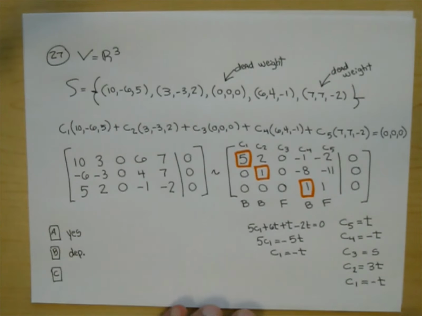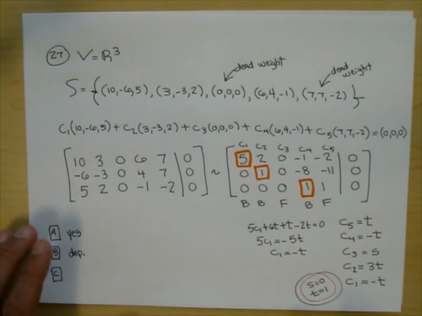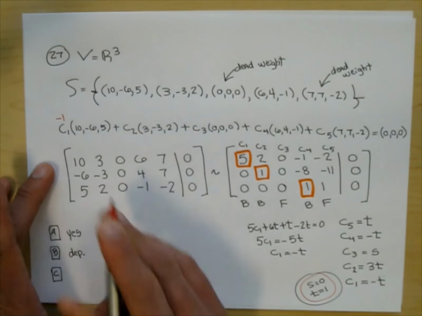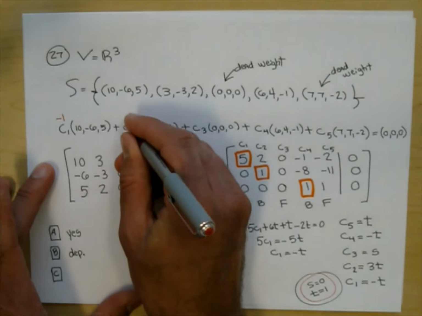Okay, so what we're trying to do is get a dependency relationship. For the dependency relationship, I'll let S equal 0 and T equal 1. And when I have that, I'll circle that in red, it's going to give me a negative 1 there, 3 there.